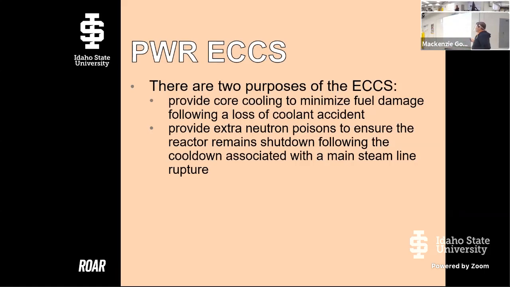And so we can also put borated acid into our coolant in order to help provide more shutdown margin, right? So if we have some issue with ensuring that we're staying shut down, this provides another method to add poison to the core, okay?